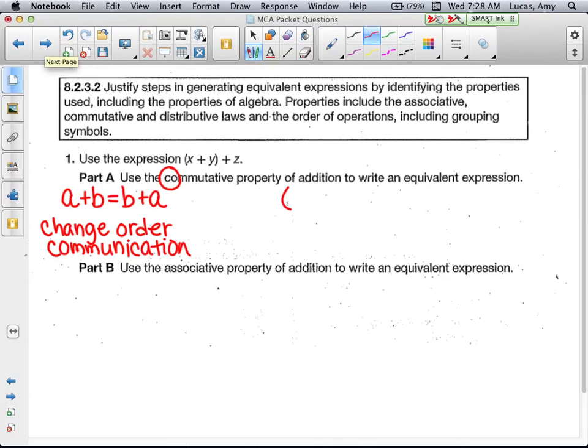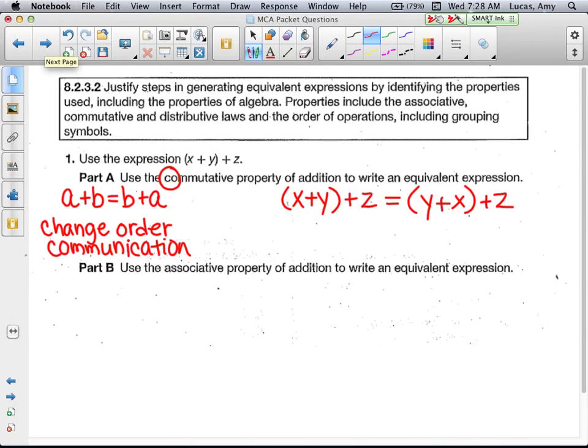So here is my original, and I need to change the order of two things to generate an equivalent expression. So I am going to change the order of the y and the x, like that. That's the commutative property.